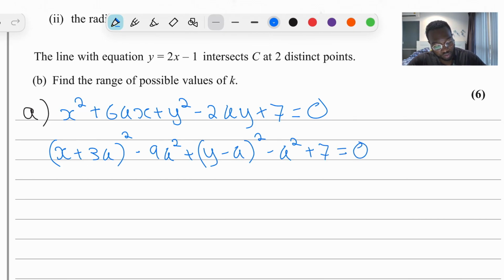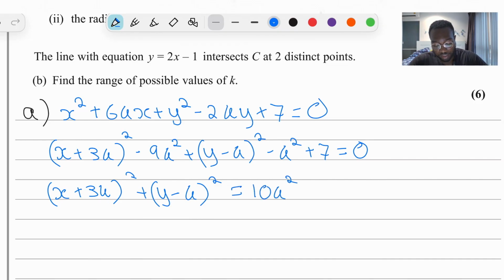And then if we rearrange this, we get x plus 3k squared plus y minus k squared. We get minus 9k squared minus k squared. So that'd be minus 10k squared. So then we bring it to the side, it will be a positive 10k squared. And then we have plus 7, bring it to the side, that will be minus 7. So therefore, we know our center and our radius.